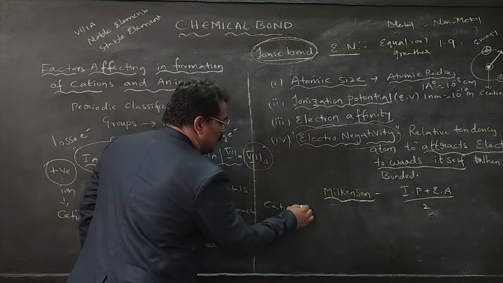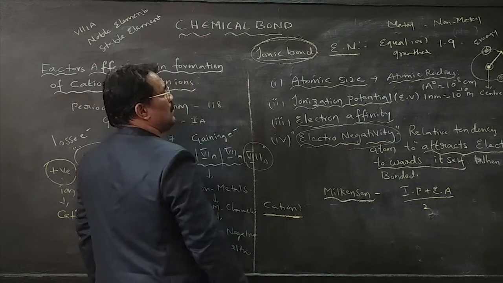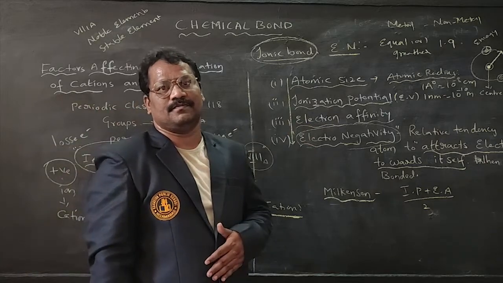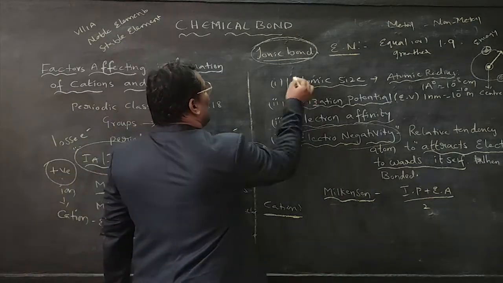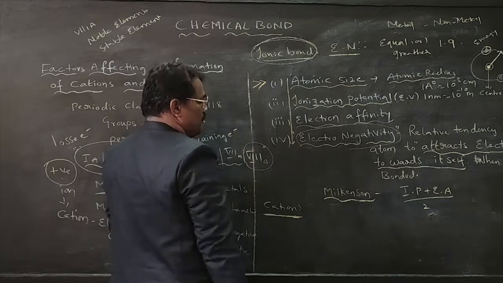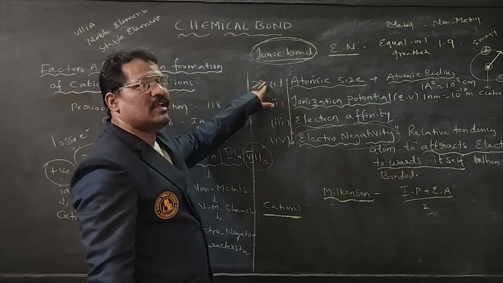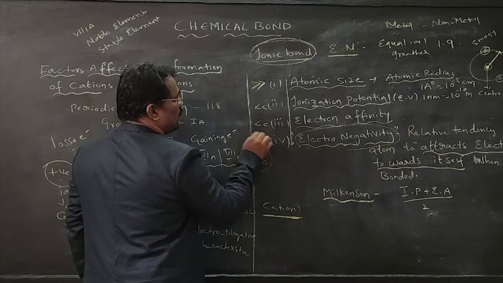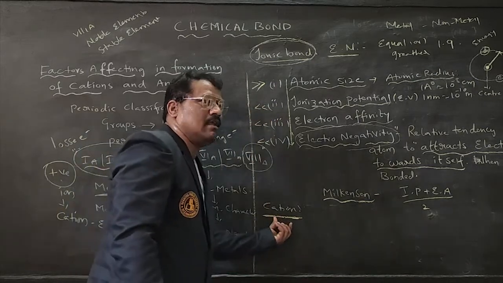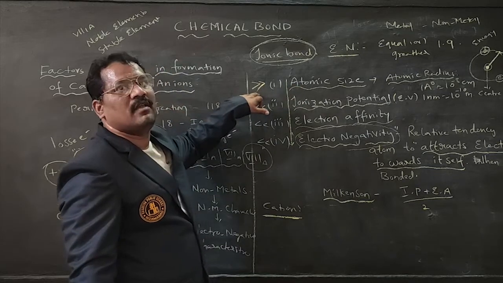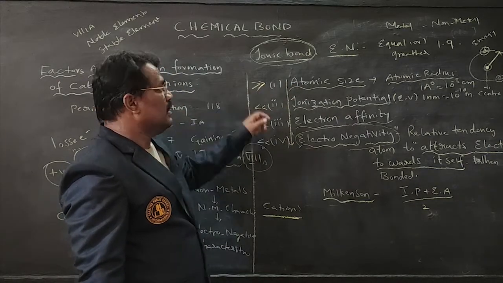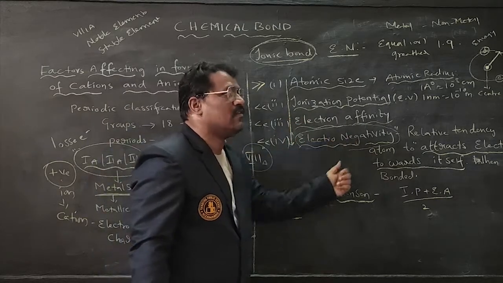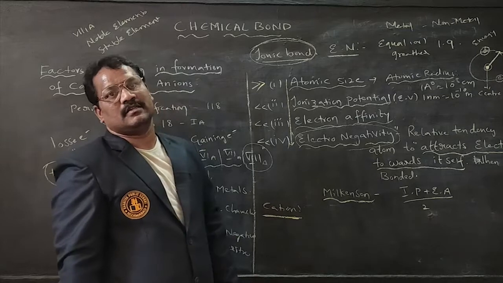Now coming to cations. To form cations, how will these four factors be affected? Atomic size will be greater, and the remaining will be lesser. To form a cation, atomic size increases, while ionization potential, electron affinity and electronegativity gradually decrease.